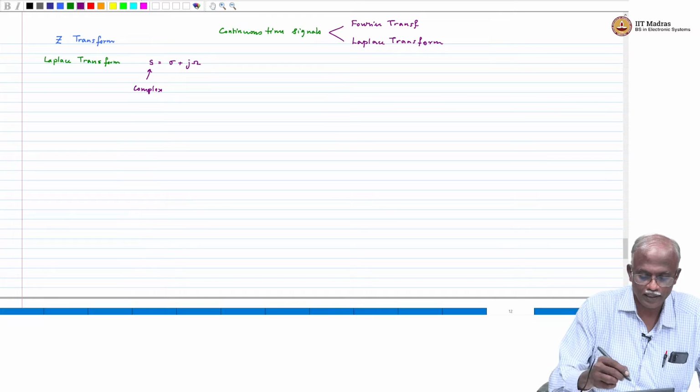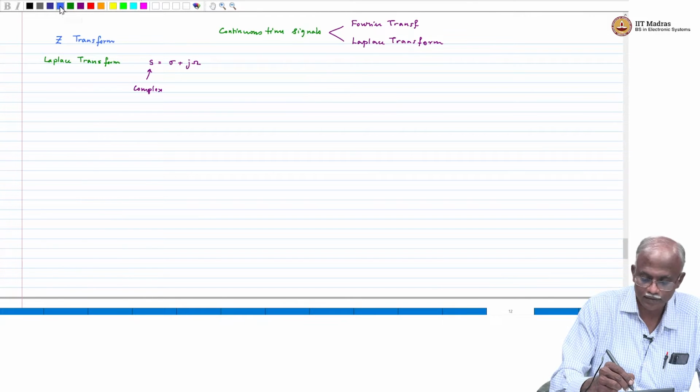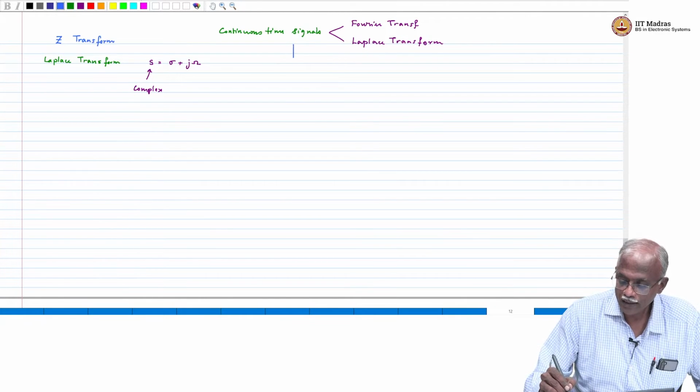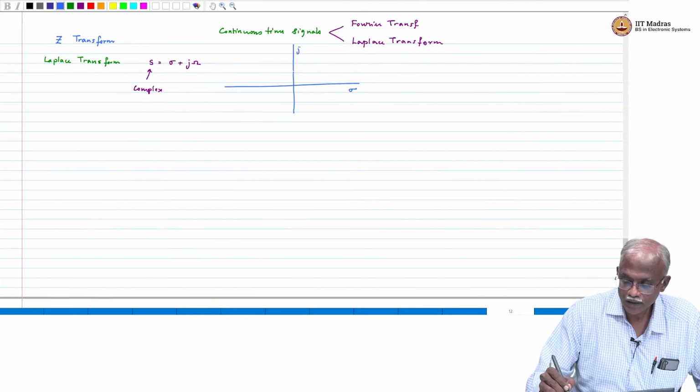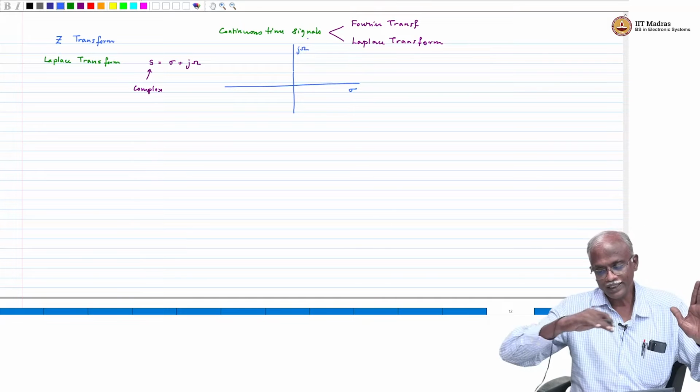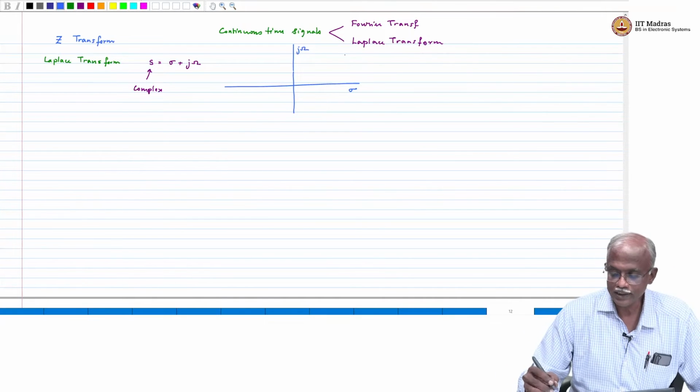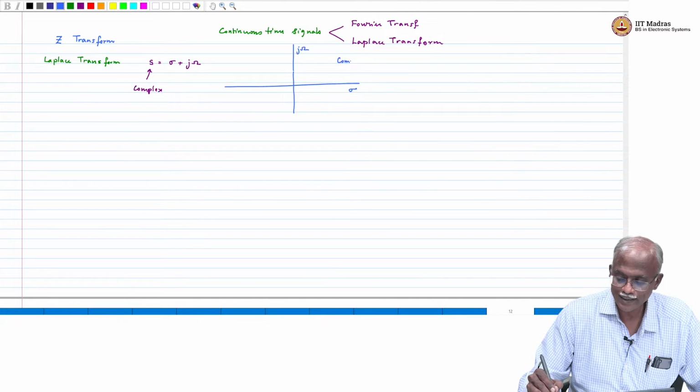We will explain in a moment why that is the case. Now, if you were to look at the domain that is covered by S, this is sigma, this is j omega, the real part and the imaginary part. What we are looking at is the complex plane.